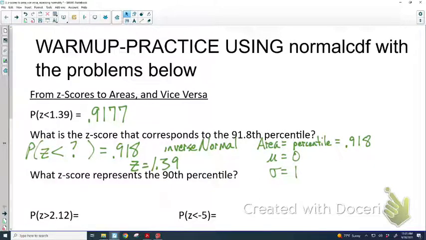So try out the second one, the 90th percentile. What z represents an area of 0.9?